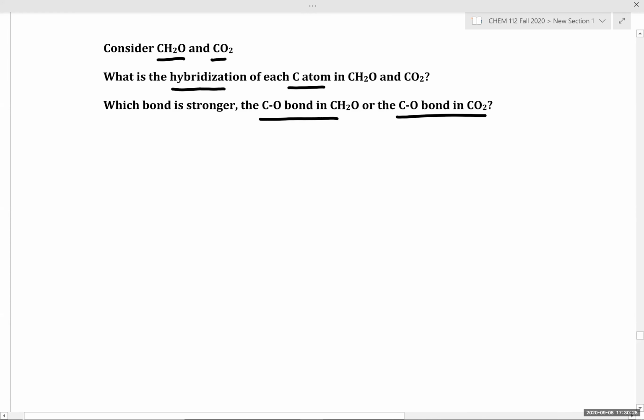So I'll give everyone a few moments, and I'd like you to tell me which of these two molecules has the stronger carbon-oxygen bond, formaldehyde or carbon dioxide. And I really encourage you to think about factors such as hybridization, atom size, and orbital size.